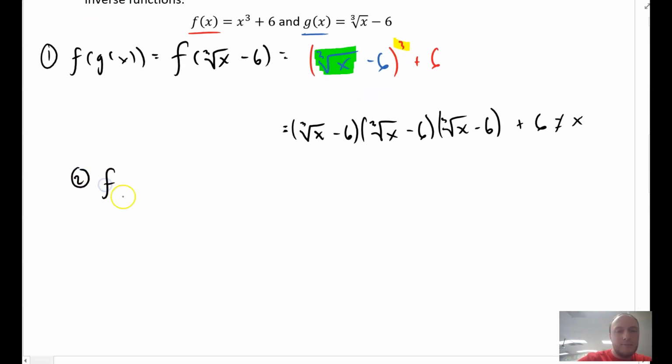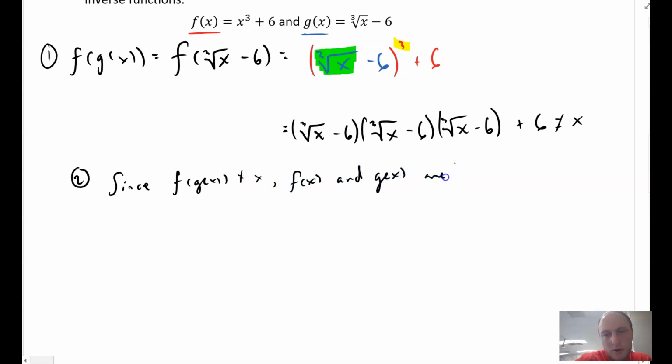We can say, since f of g of x does not equal x, f of x and g of x are not inverse functions. Okay, and there you have it. That's determining inverse functions via composition, and this is specifically talking about cubic roots and cubic functions.